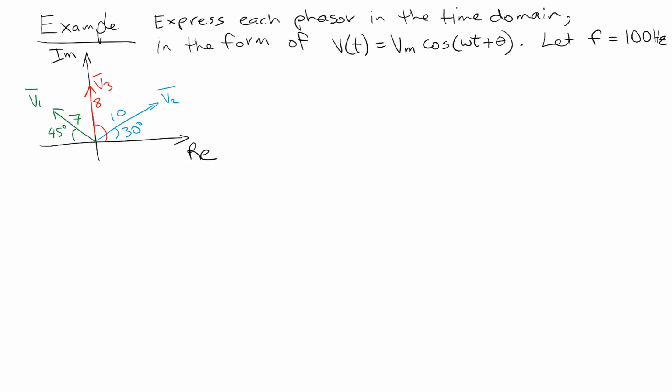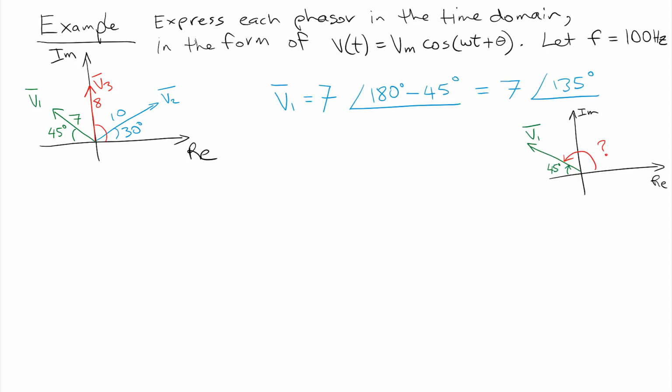What we want to do is put these phasors in the time domain form, and we're given that the frequency of the waveform is 100 Hertz. Okay, so let's look at the V1 phasor, and this is how we write it.